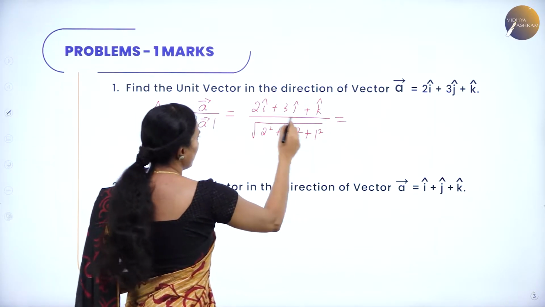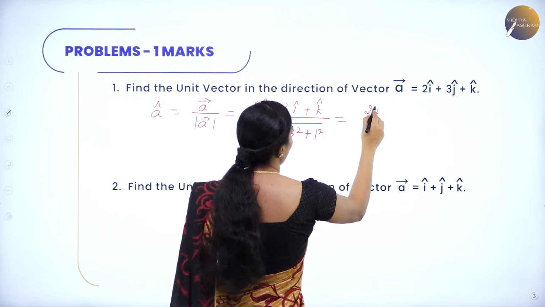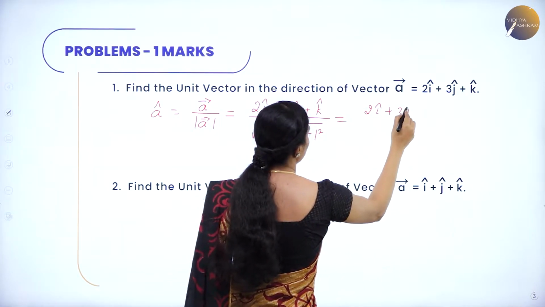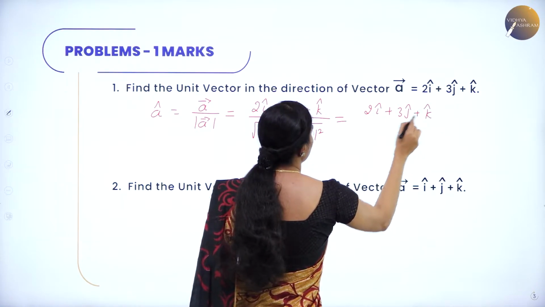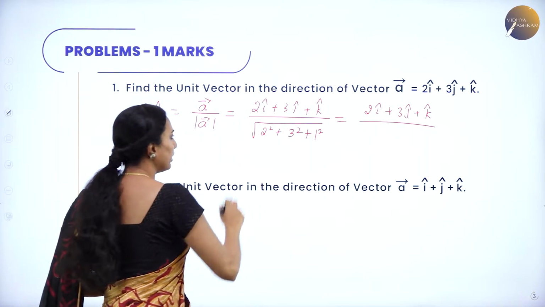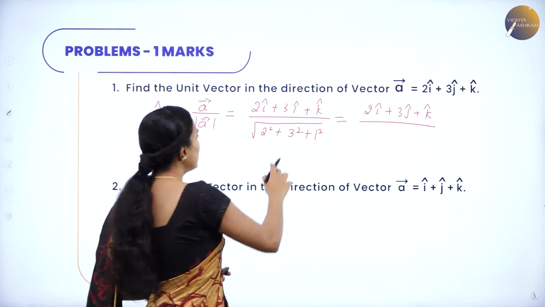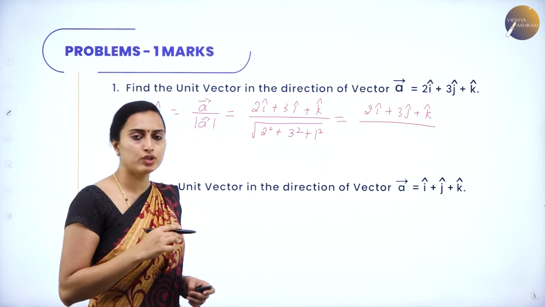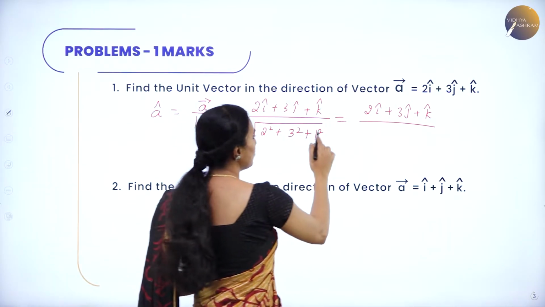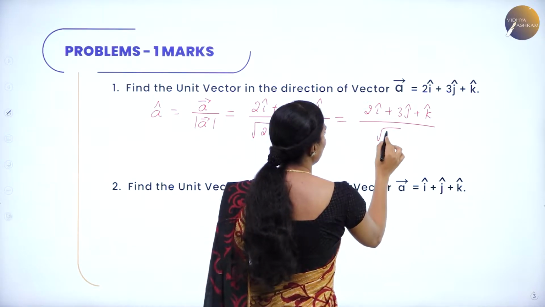So if you solve this one, you are going to get 2i cap plus 3j cap plus k cap divided by, you are having 2 squared is 4, again 3 squared is 9, 9 plus 4 gives you 13, and 1 squared is 1, 13 plus 1 is under the root 14.